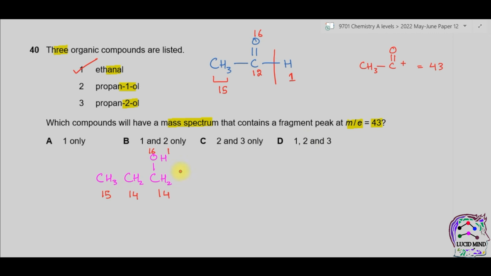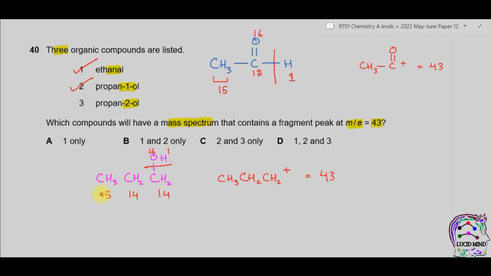So let's see if it can make 43. 15 plus 14 is 29. 29 plus 14 is 43. So yes, if this bond is broken, then we have a product CH3, CH2, CH2. And if the charge is positive, it can be observed in the mass spectrometer with a mass of 43.